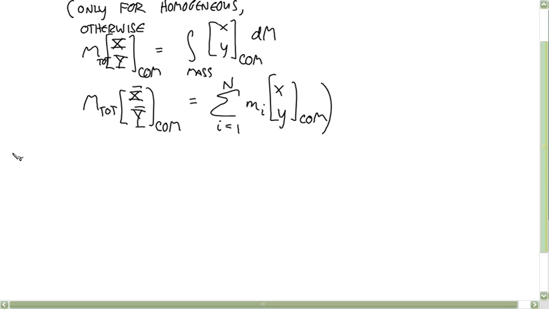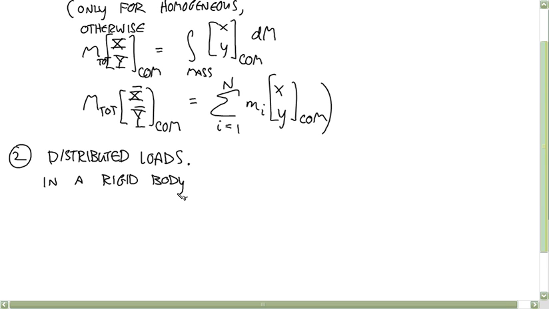And the second use is distributed loads. In a rigid body, and remember, a rigid body includes a free body while we're isolating it.